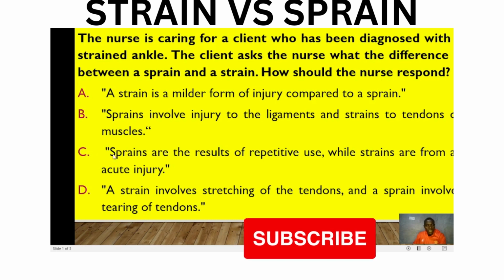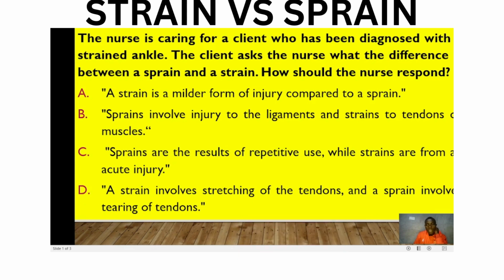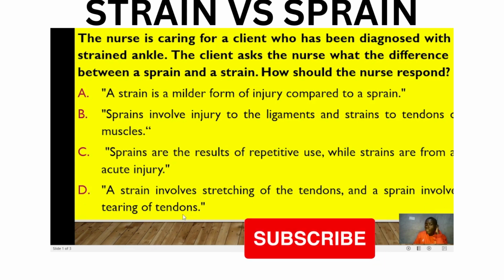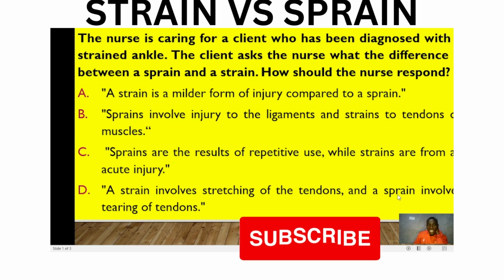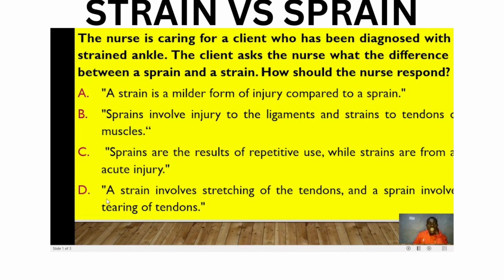So this one can easily be eliminated. The last one, a strain involves stretching of the tendons, T, tendons, while a sprain involves tearing of the tendons. We say this T is for the tendons or muscles, and the sprain for ligaments. So the second part of this answer for D makes it wrong. So that's why we can confidently eliminate C and D.